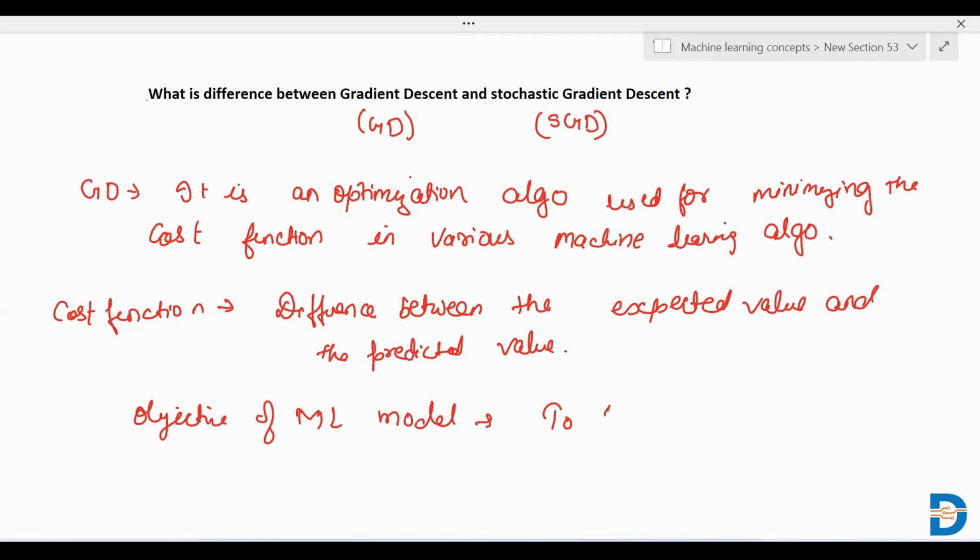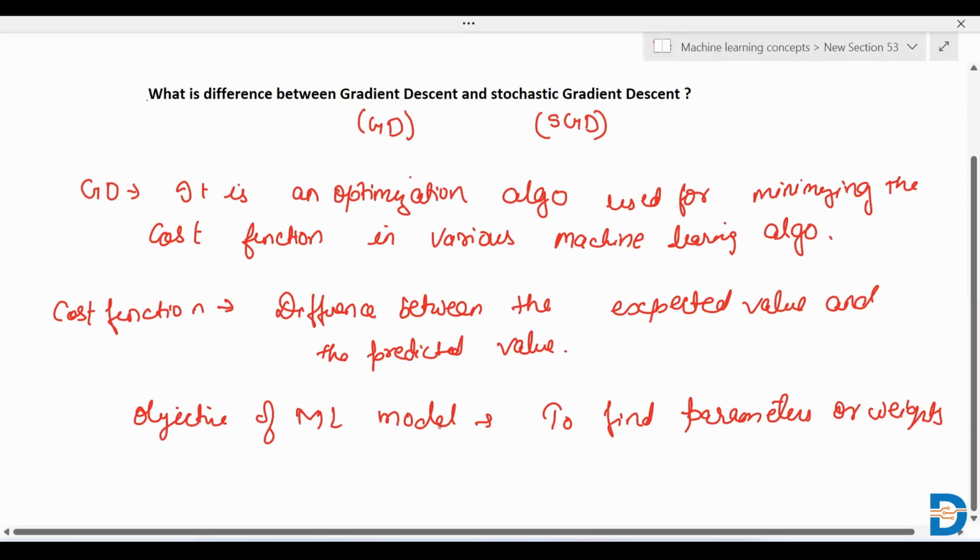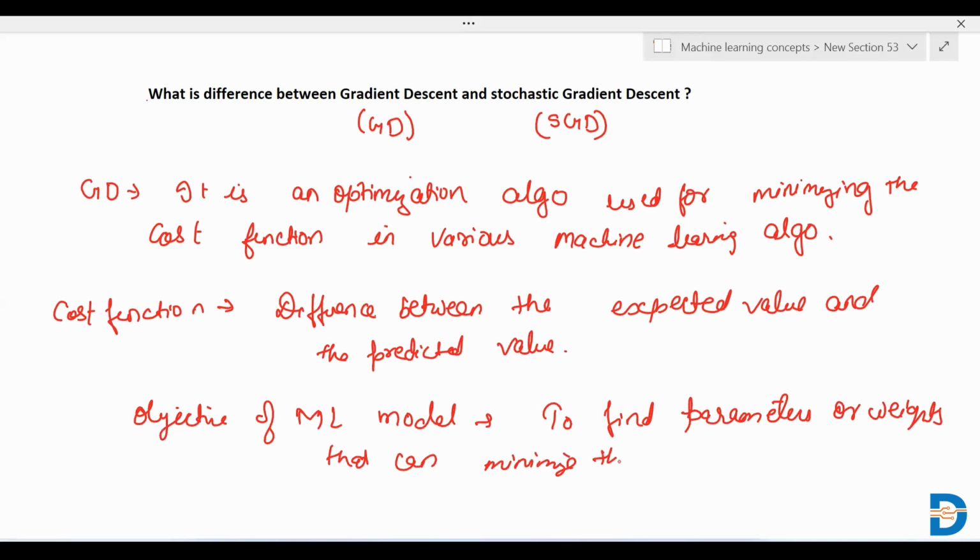So what is the objective of any machine learning model? To find the parameters or weights that can minimize the cost function.